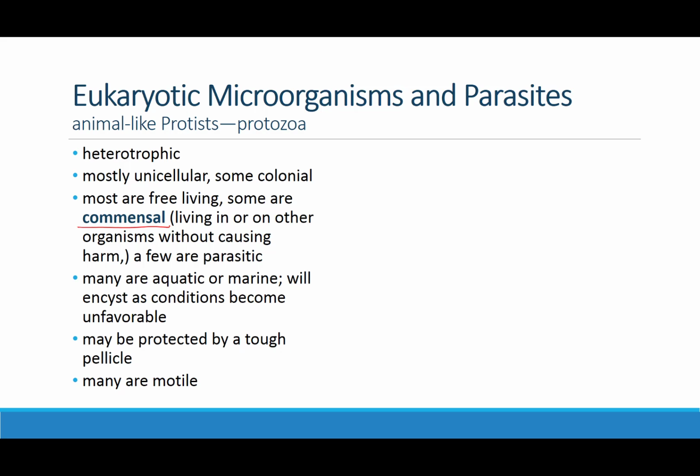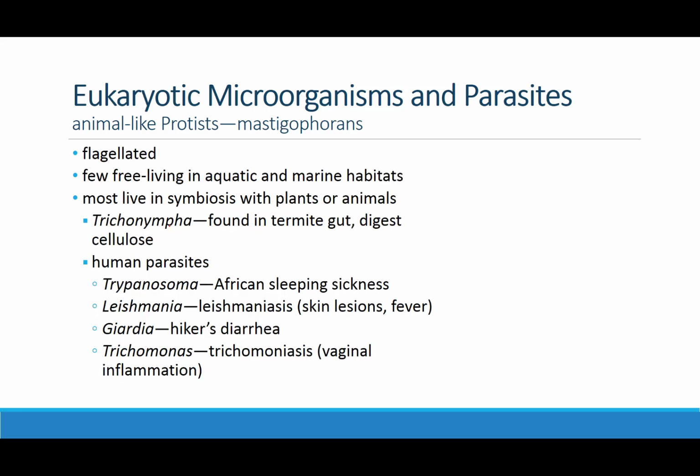Some of them are protected by a tough outer layer called a pellicle. So you've seen theca if it's in the algae, and a pellicle if it's in the protozoa. And many of them are motile, so they actually have directional, moving capability, swimming or kind of oozing along capability.